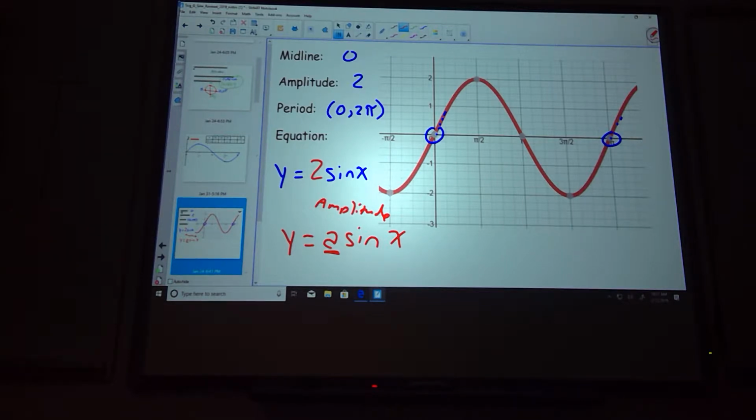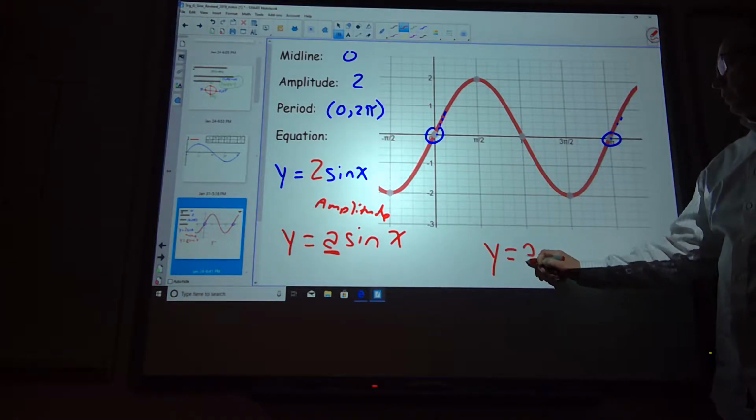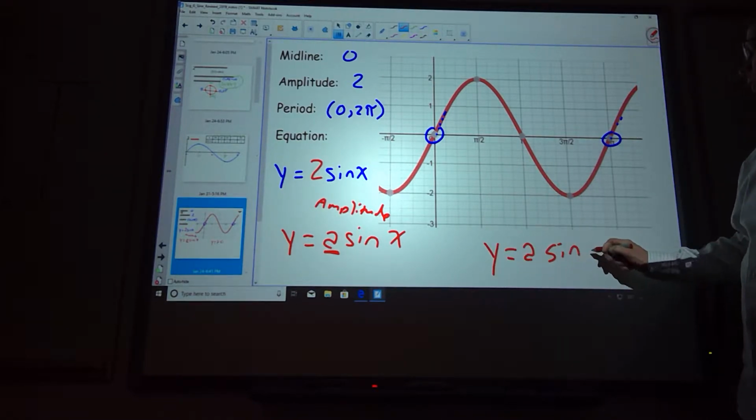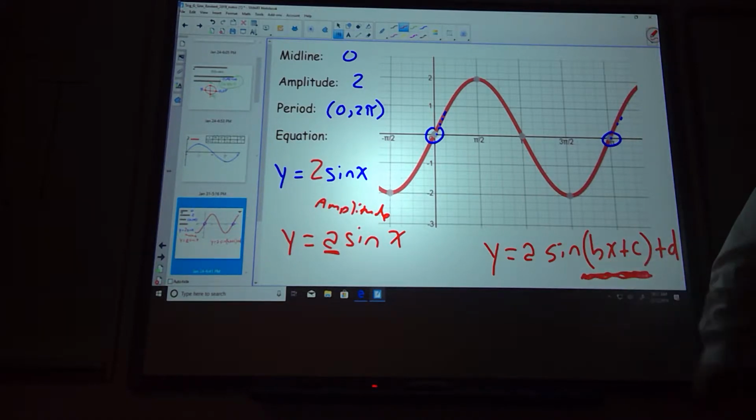Any questions so far about this? Now, just so you know, as you build upon this, this is kind of where we're trying to head. This gets a little shady in later math classes like a year from now.